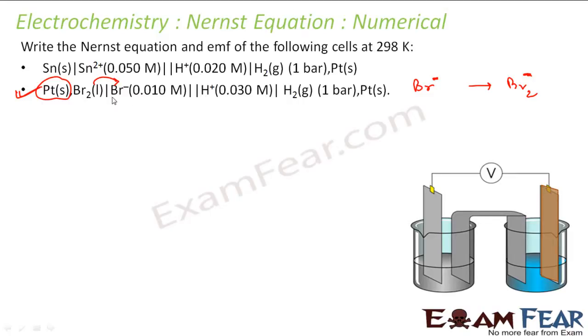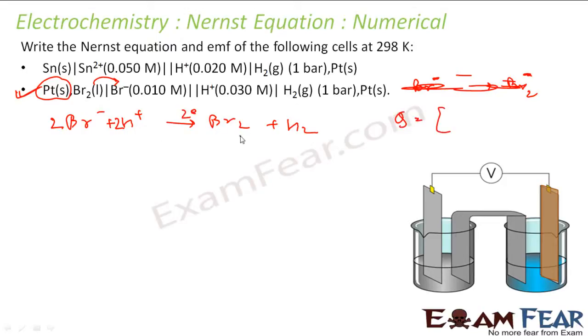This has to be Br minus here and Br2 here. So H plus is getting reduced to H2, so there are 2 H plus here. Correct? There are 2 electrons transferred here. So Q for this will be, concentration of bromine and hydrogen, both are gas, so it will be 1, over concentration of Br minus square, concentration of H plus square. This is the value of Q.